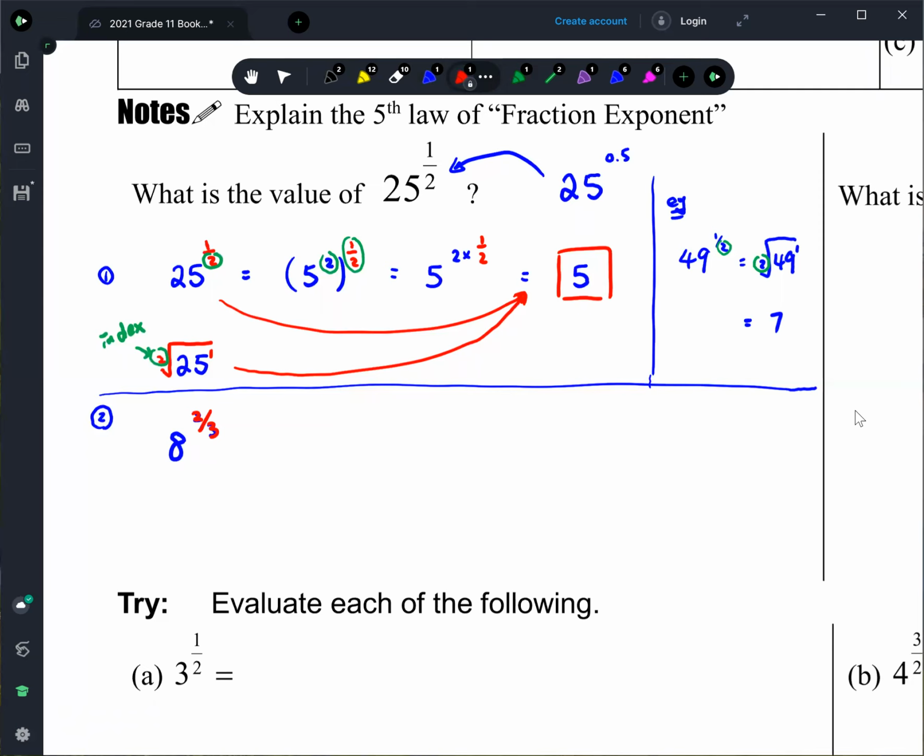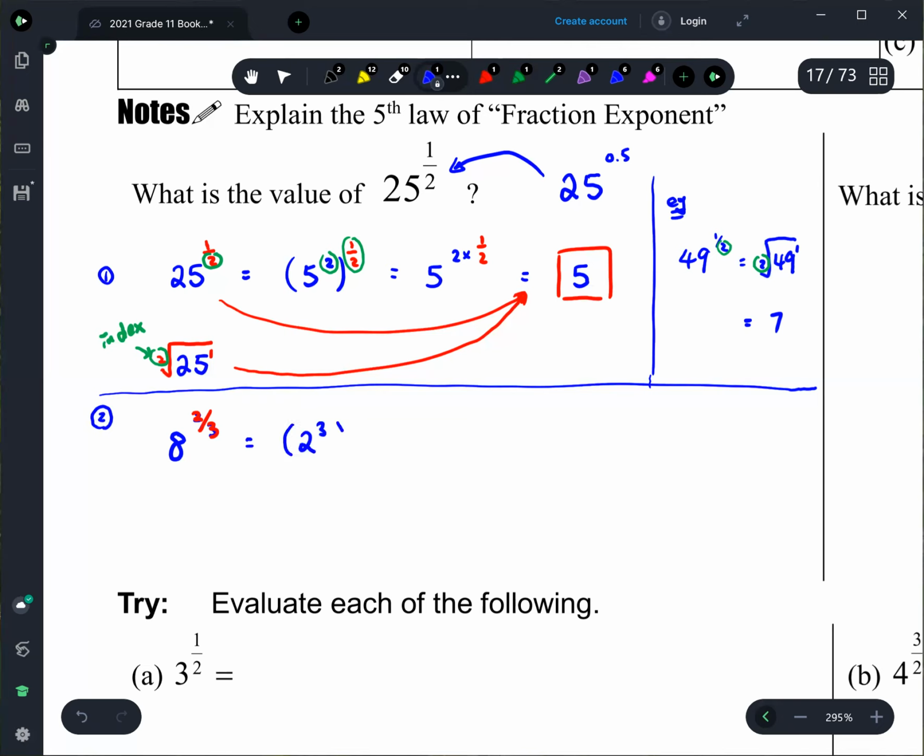Can I write the 8 in a different way, using exponents, using different numbers? Anyone? Tony? Maybe 2 to the power of 3. Yeah, very good. 2 to the 3. And we write 8 as 2 to the 3. So the blue part is the blue part, and the exponent is still on the outside. So now we do the same thing as before. The two exponents, they can multiply.